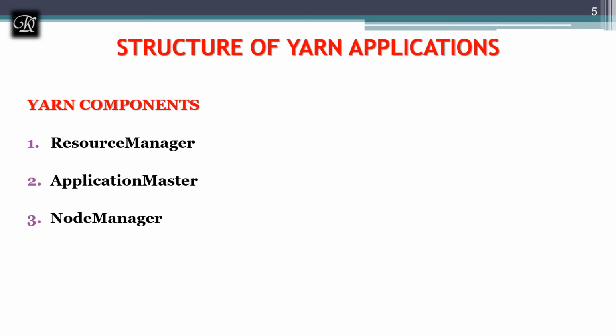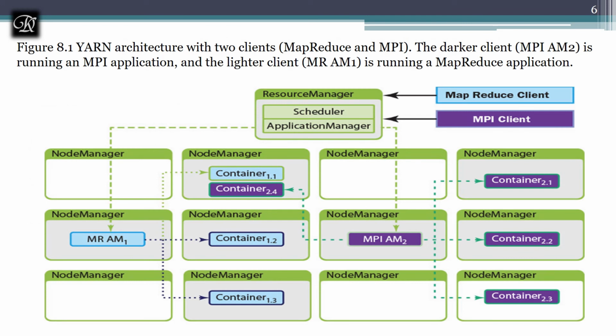These are the 5 key steps of how YARN runs an application. What I have discussed till now about the resource manager, node manager, container, scheduler, and application master, the communication between those things takes place by the message passing interface, MPI.